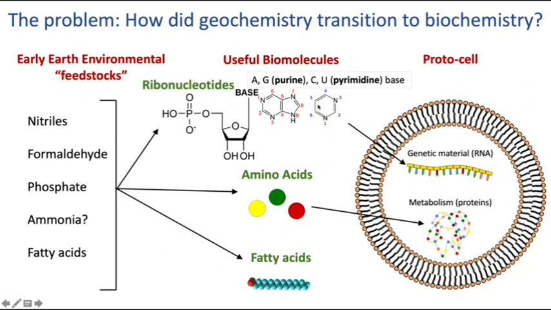Successful published prebiotic schemes have employed various precursor models assumed to be available in the environment, which are called feedstocks, such as nitriles, the simplest of which is hydrogen cyanide, and other possible simple molecules, a subset of which are listed here on the left. At some point, the genetic material needs to be encapsulated in a lipid membrane, and amino acids have to be made and co-opted to make proteins for enzymes and structure.